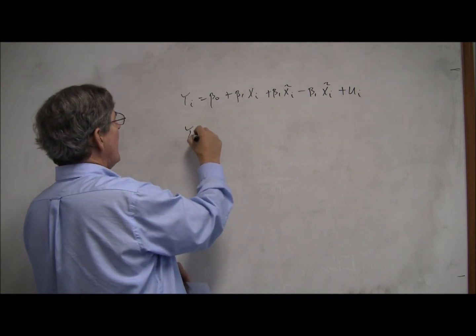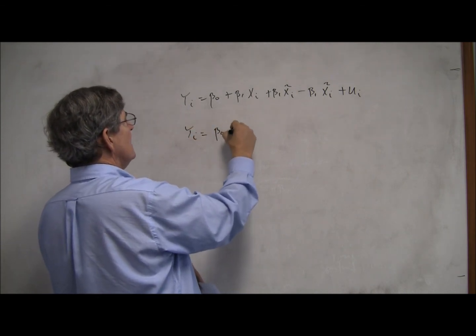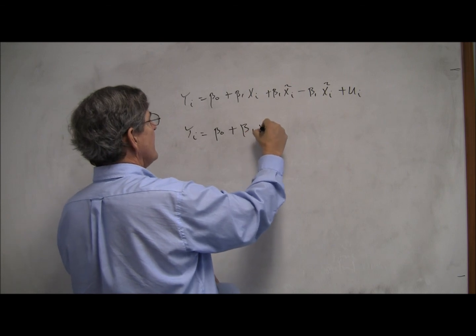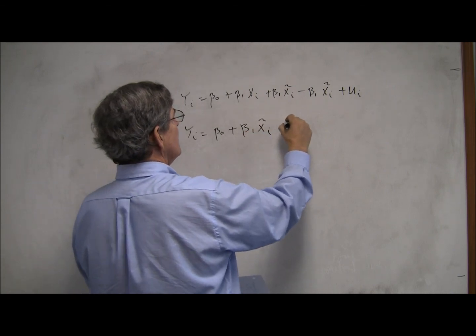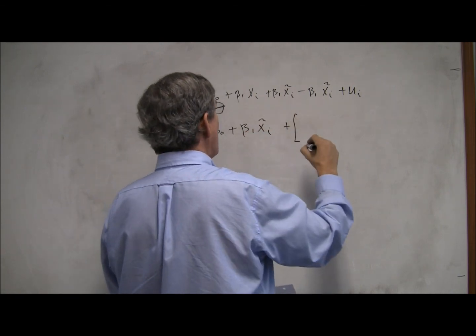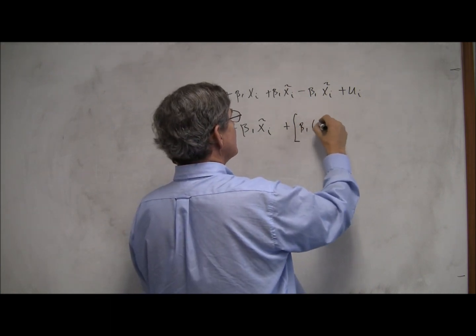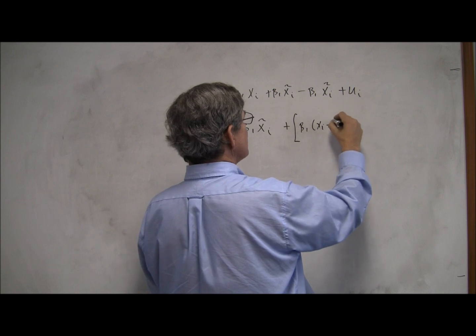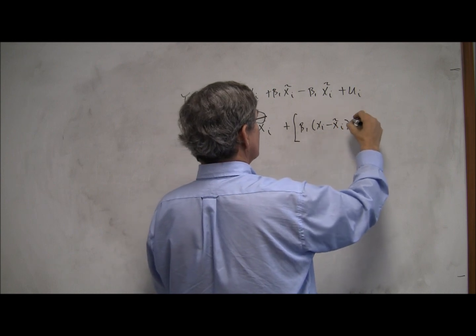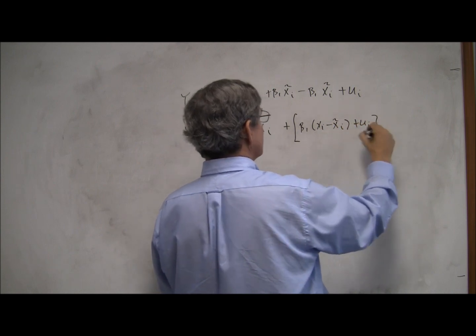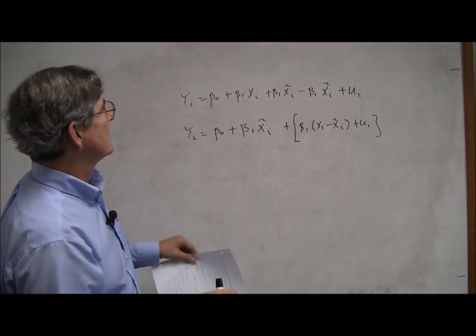So I can write that as yi equals beta 0 plus beta 1 x tilde i plus, and let me put this in brackets, beta 1 times (xi minus x tilde i) plus ui. So that's now in my error term.